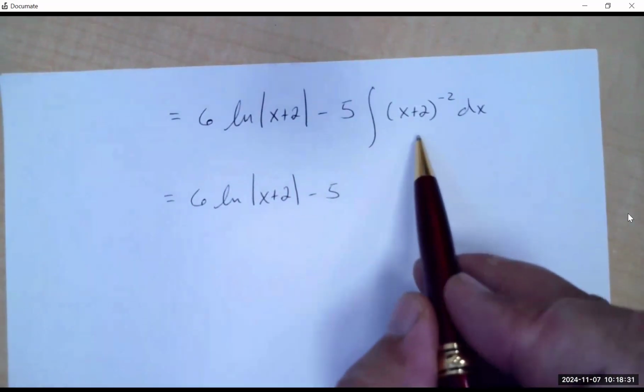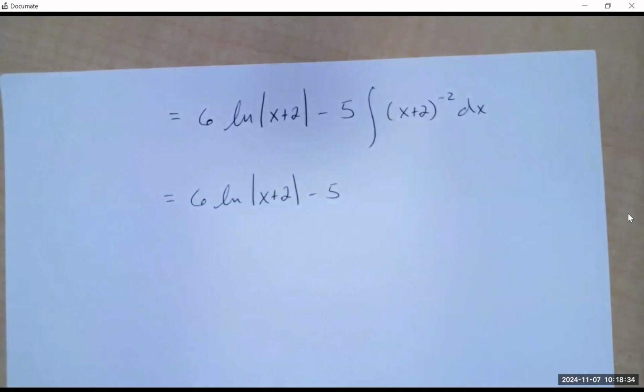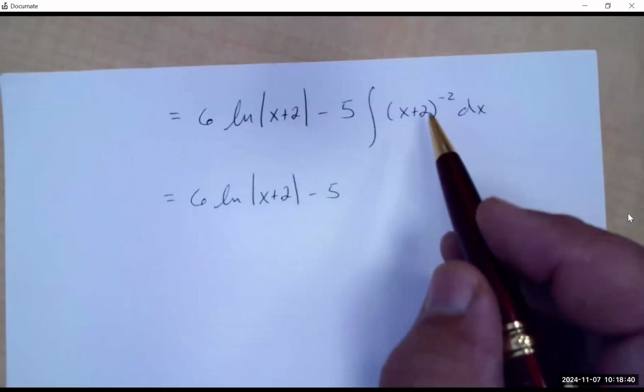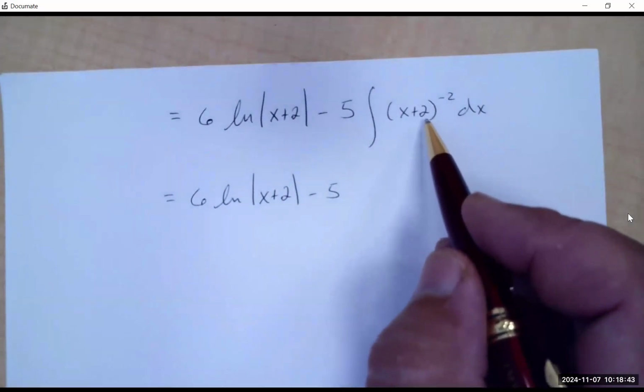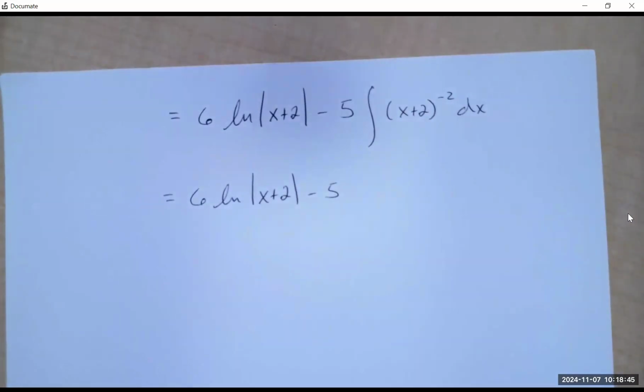What do we do here on this part? How do we take the integral of this one?